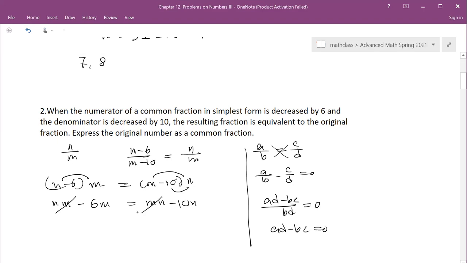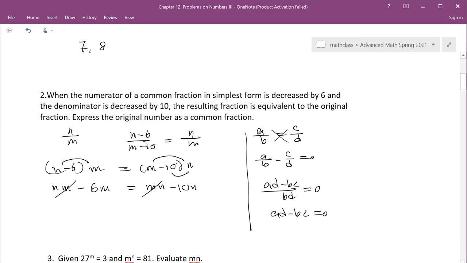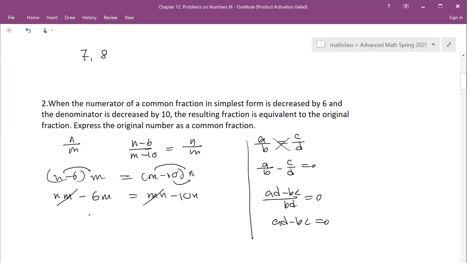So nm cancels out. So what we get here is negative 6m equals negative 10n. So from here, how can I get n over m? n over m is going to be negative 6 over negative 10. So negative 6 over negative 10 is 6 over 10. 6 over 10 is 3 over 5.